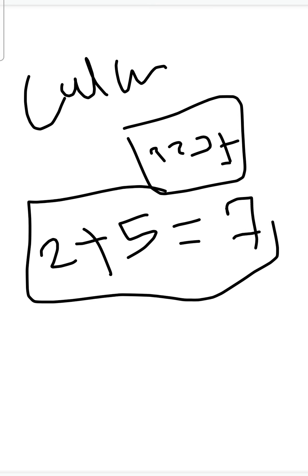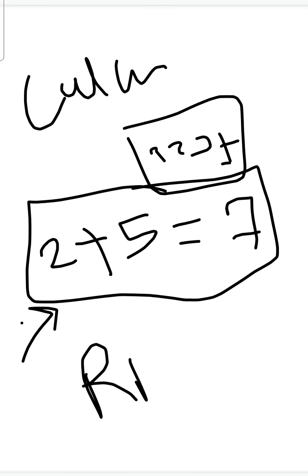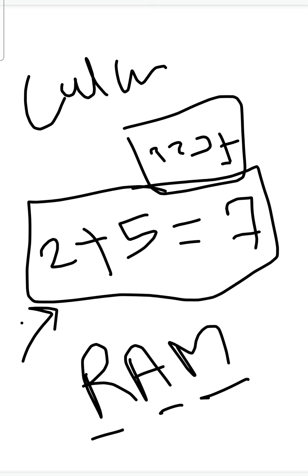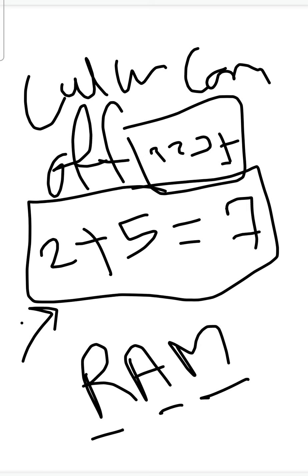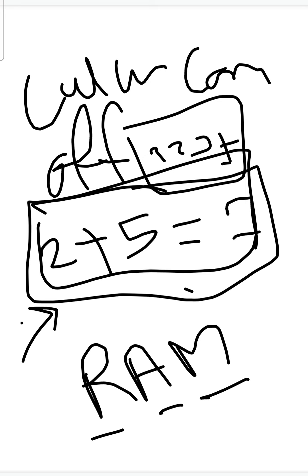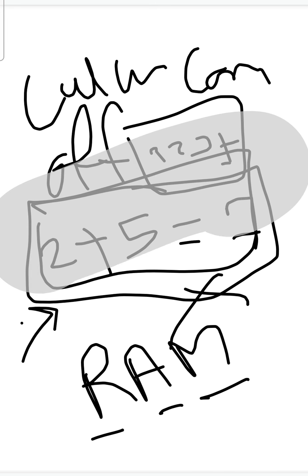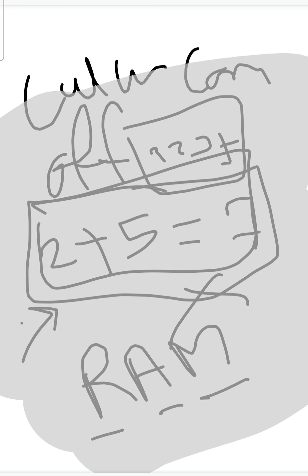It is temporary work, and this temporary work is done on the RAM. After you switch off the computer, all the work is erased, meaning it is not present when you open or restart your computer again.